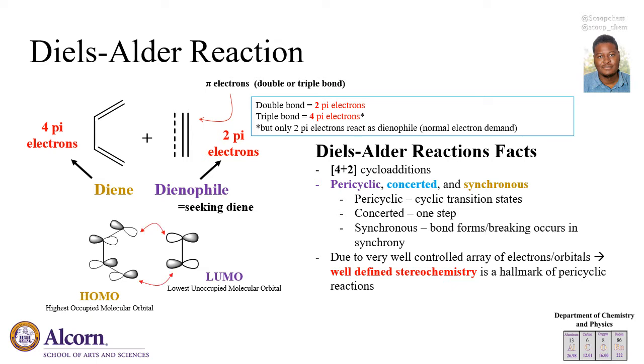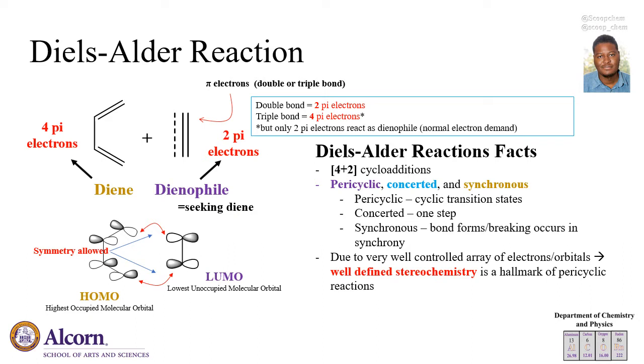I have this area of no shading that can react with another area of no shading, and this area that's shaded can react with this area that's shaded. We call these types of interactions symmetry allowed, and that allows a Diels Alder to form the bonds.